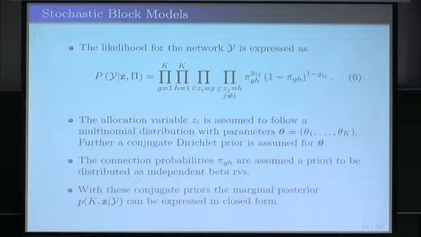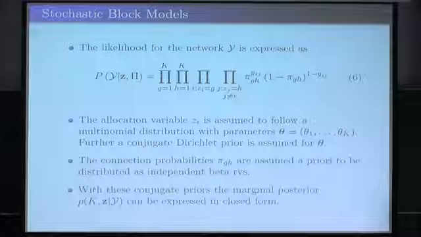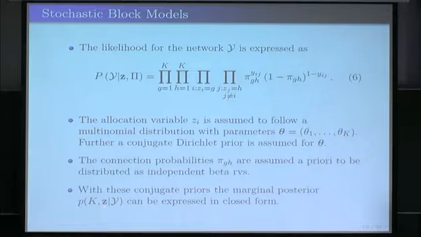And moreover, on the pi_gh themselves, we put a beta prior too. And that makes everything conjugate, and it allows us to write the posterior probability of the number of groups and their allocations in closed form. And we can sample from this to get a sample of partitions, which we can then apply our greedy algorithm to.